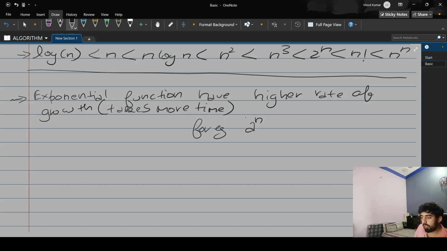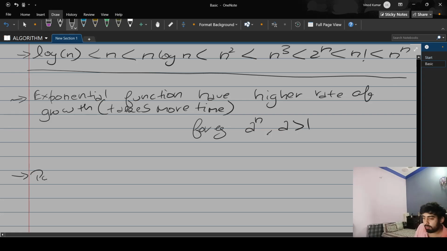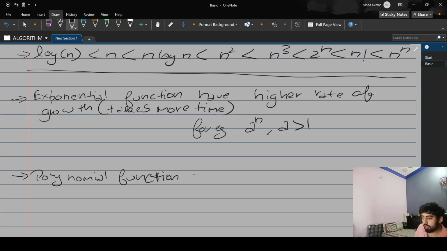For example, a to the power n, where a is greater than 1. And polynomial functions have a lesser rate of growth.